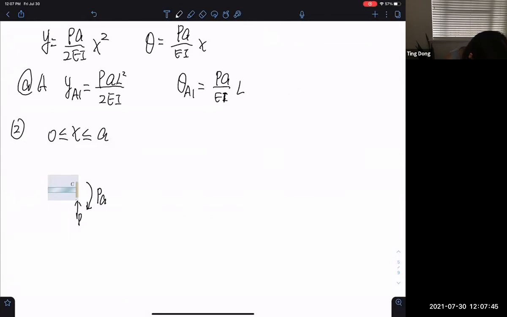And on the cutting surface, we have the internal shear force and internal bending moment. Of course, the internal shear force doesn't change anything; I just put it here for completeness. And the bending moment equilibrium equation about point D, the cutting point, is P(x − A).